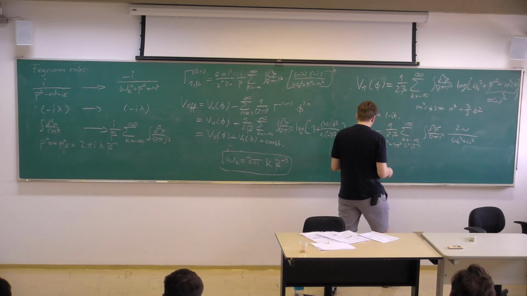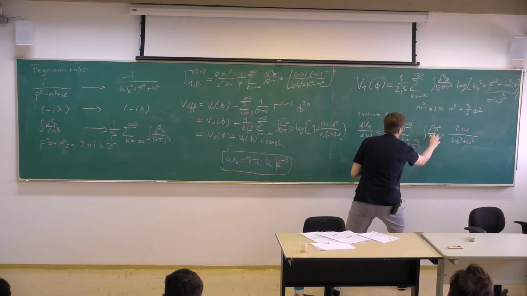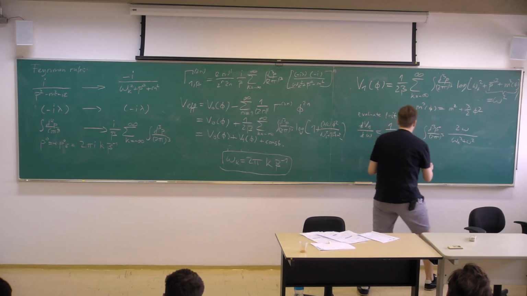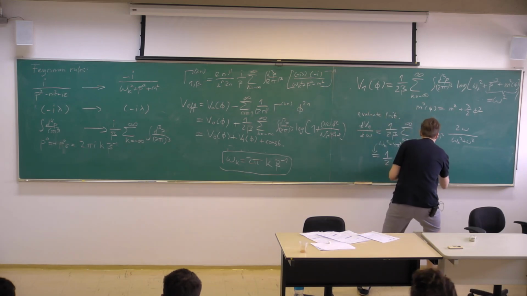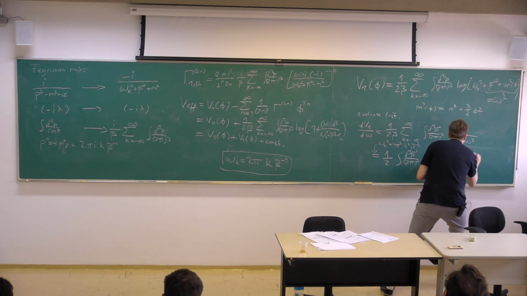And what you get in the end is the d3p over 2 pi cubed integral we haven't evaluated yet, right? And I write it in a way that is kind of convenient for the next step.